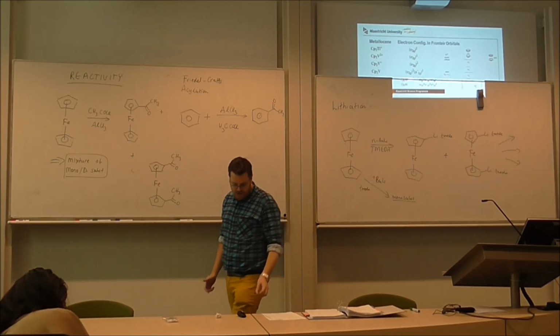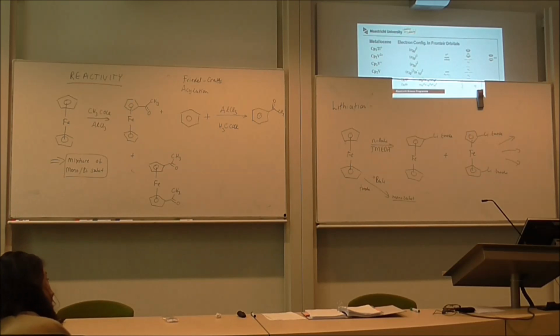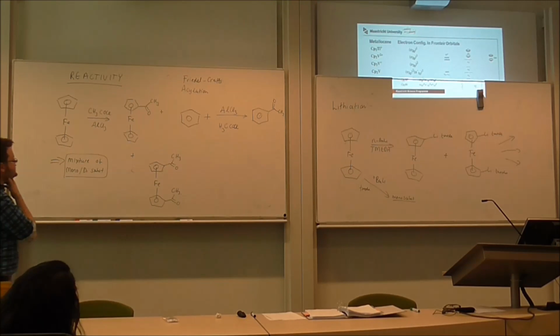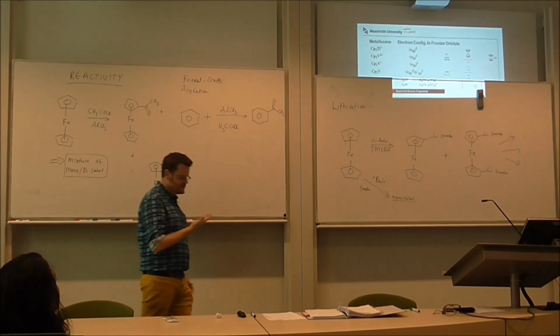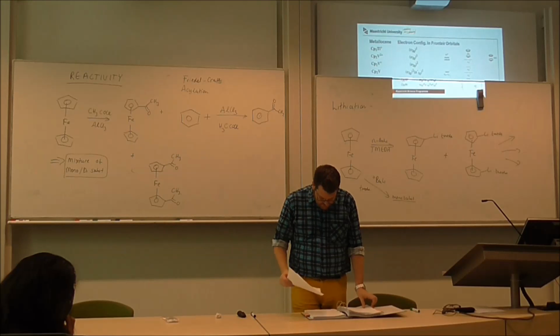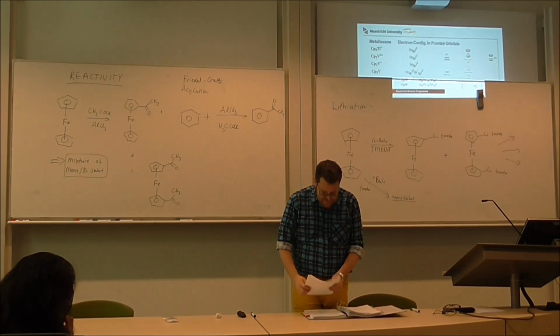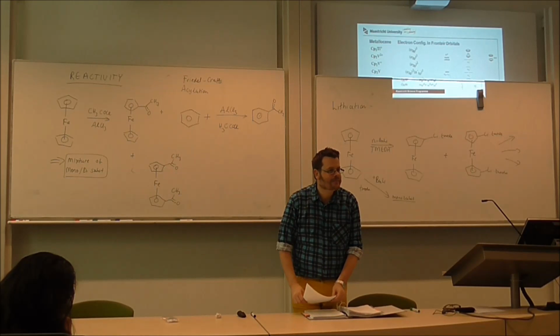But notice that the chemistry is very similar, particularly in this example with the Friedel-Crafts acylation, to the sort of reactions one would see with aromatic systems in organic chemistry. One final example, which I think is quite interesting, highlighting the reactivity of ferrocene, is its simple protonation.